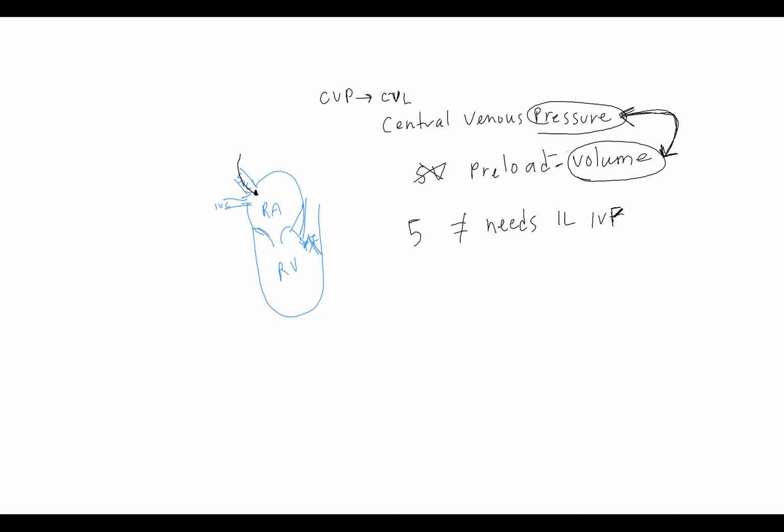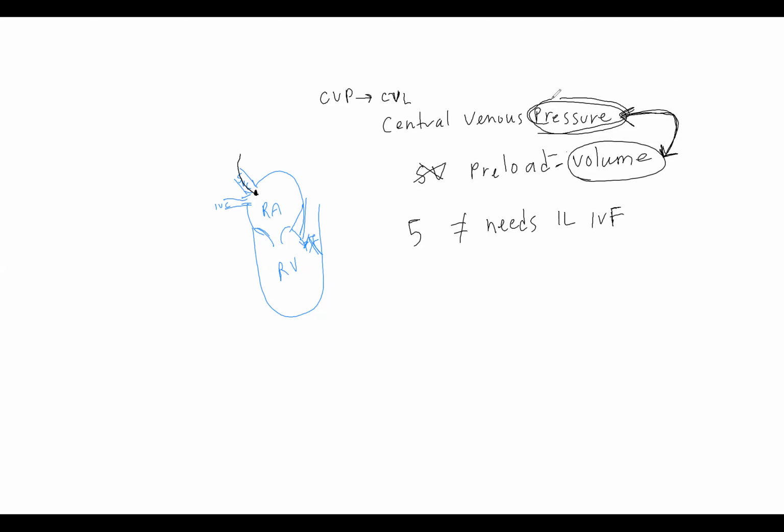It doesn't tell me exactly how much volume they need, or if this person maybe needs something else. And so I am in no way saying that CVP is not a good way to measure preload, especially if you don't have anything else.